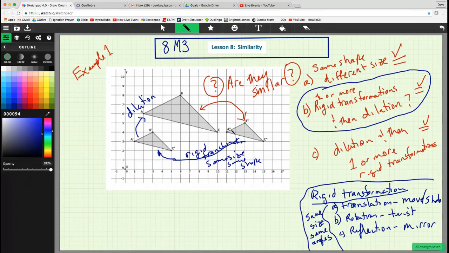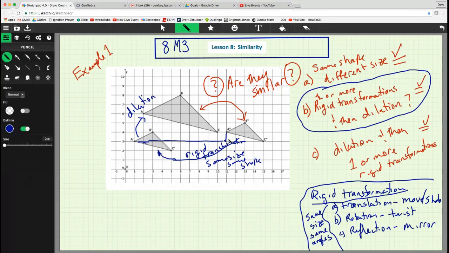So what we've done here is we're just doing a translation. We're moving it down 1 and over 10. So we can see that A comes down from 4 to 3, comes down 1, and then we go over 10 from 11 to 1. And similarly for B, we go down 1 from 5 to 4 and over 10 to 13. In C, we come down 1 and over 10 from 15 to 5.